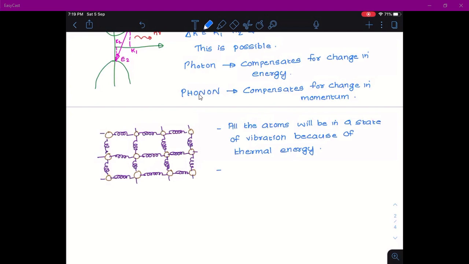So for any atom to vibrate, it should have some amount of energy, and this quanta of lattice vibrations are called phonons.